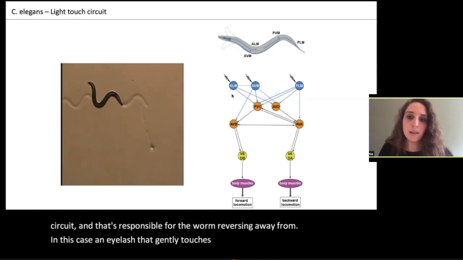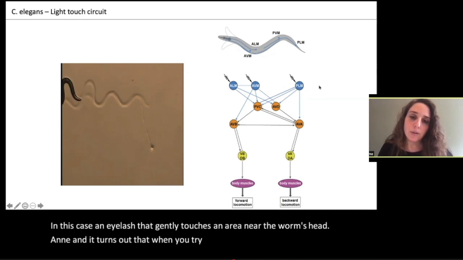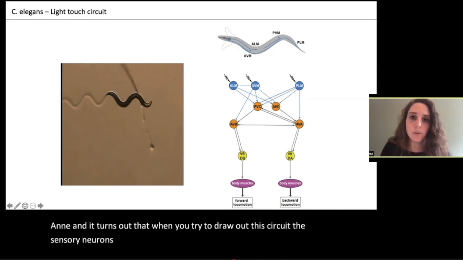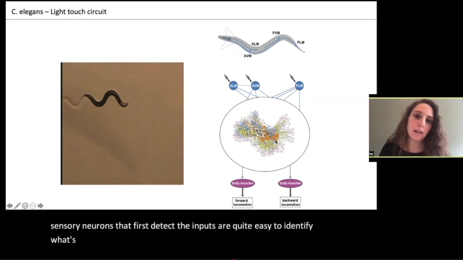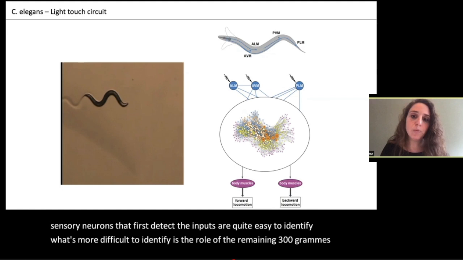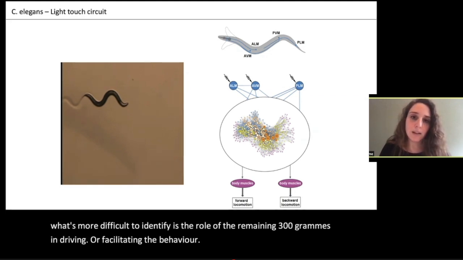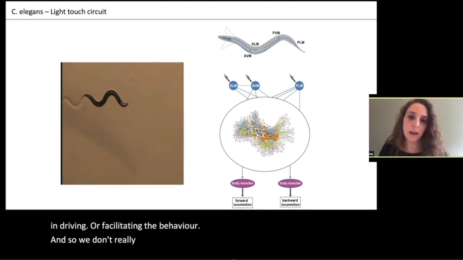And it turns out that when you try to draw out this circuit, the sensory neurons that first detect the input are quite easy to identify. What's more difficult to identify is the role of the remaining 300 neurons in driving or facilitating the behavior. And so we don't really know whether the circuit diagram that we already have is complete or accurate.